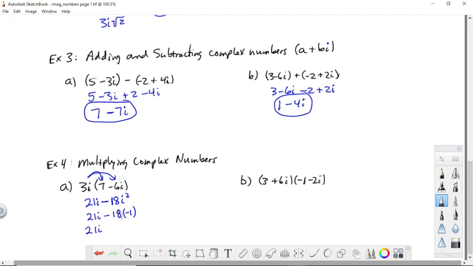It's minus 18 times negative 1, but 18 times negative 1 is negative 18. So minus a negative 18 is plus 18. And that is now the real part of this product. But we write it down by switching the order of those. We have 18 plus 21i is the way we write it. And that's it.